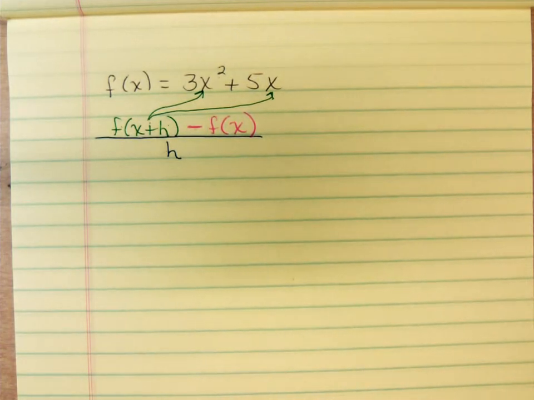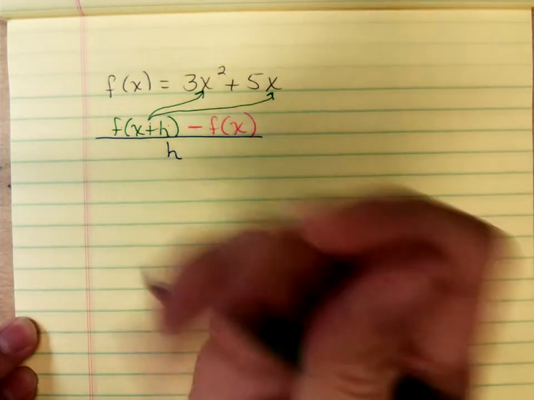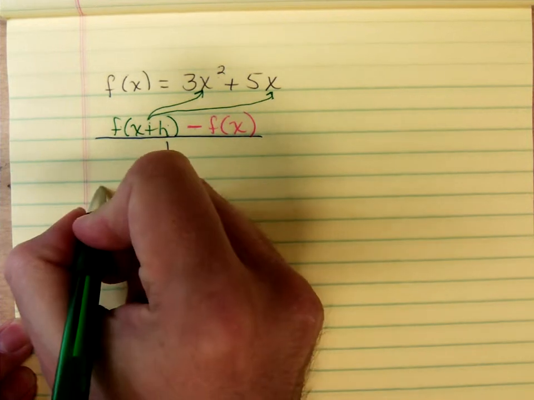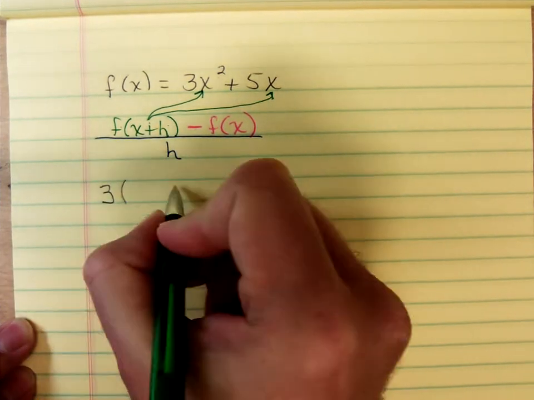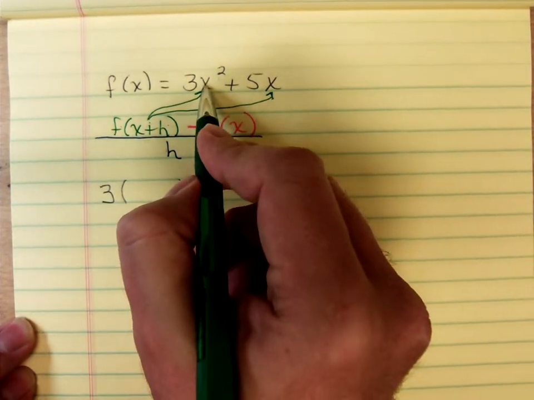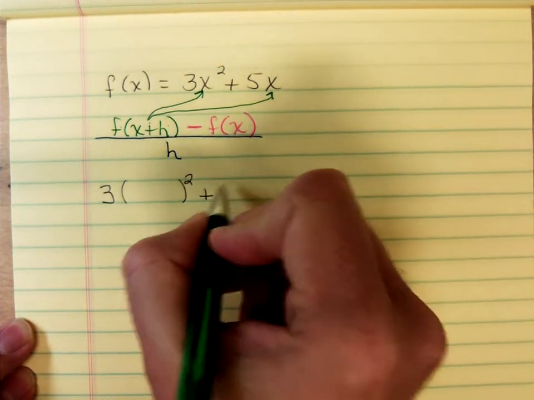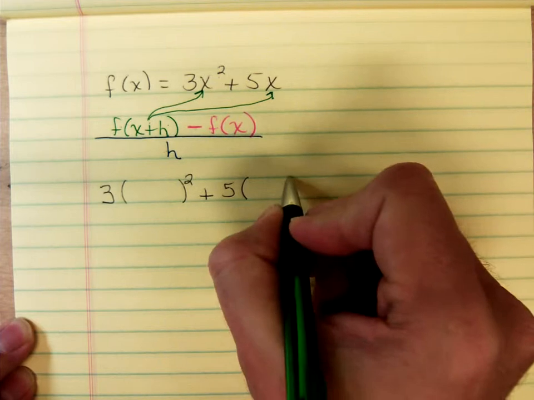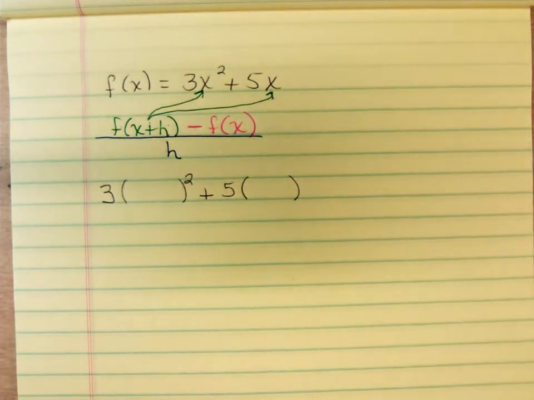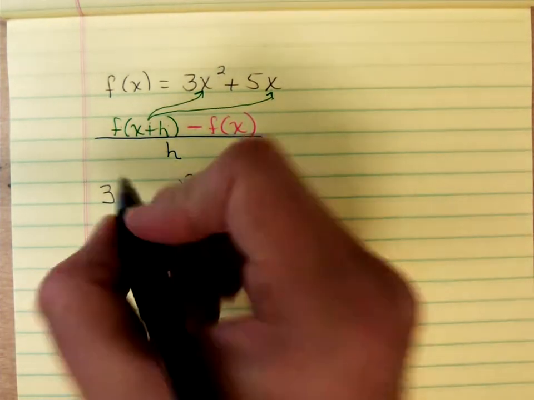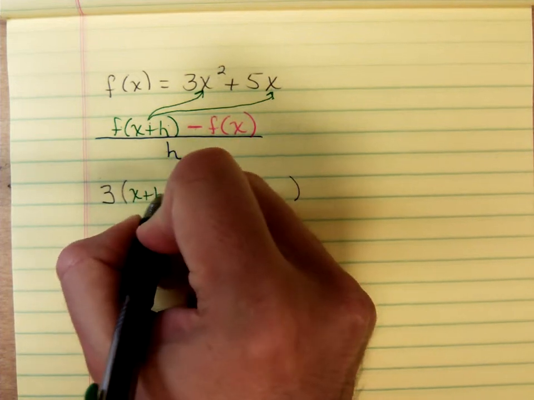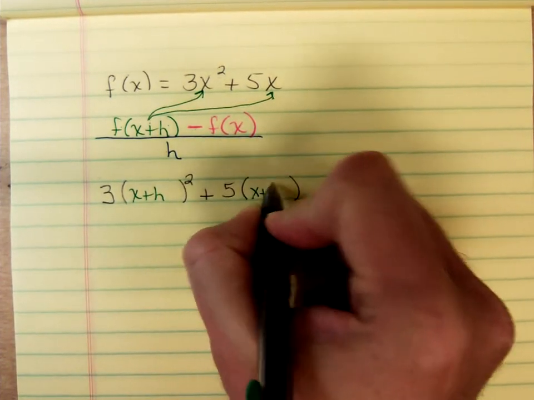So writing down 3, and in place of the x, I'm going to put x plus h squared, plus 5. In place of the black x, I'll put a green x plus h. So x plus h times x plus h.